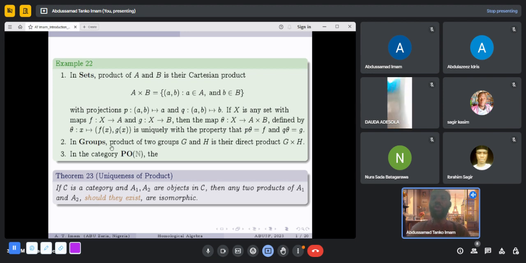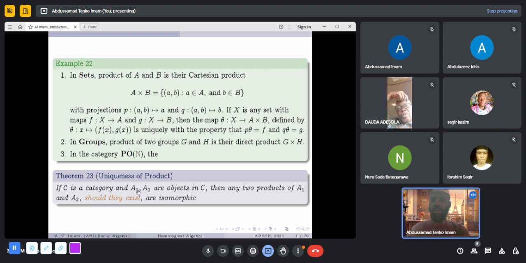And in groups, product of two groups is their direct product. This is a generalizing concept. Even in rings, you can talk about direct product of rings and so on and so forth. I wanted to provide more examples here, but I think these two examples are sufficient. And then this is a theorem providing us with the uniqueness of products.